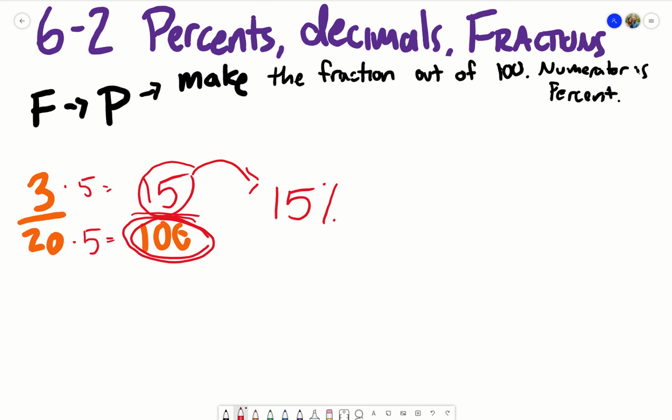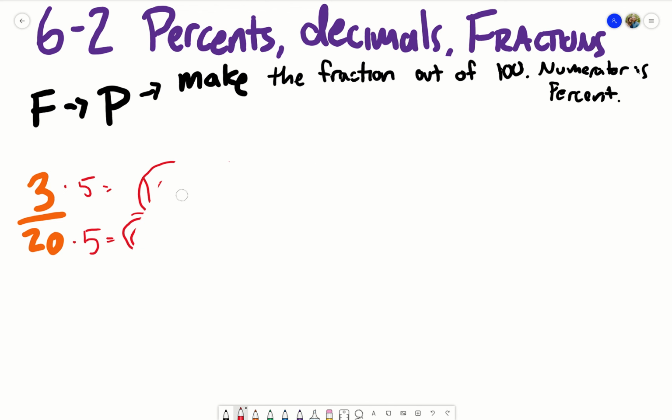Okay, so if 100 is my bottom number, my numerator is the percent. They work just like that. So if I can find an equivalent fraction, remember that word, where 100 is my denominator, I can take my numerator and that becomes my percent. Now, this doesn't work every time.